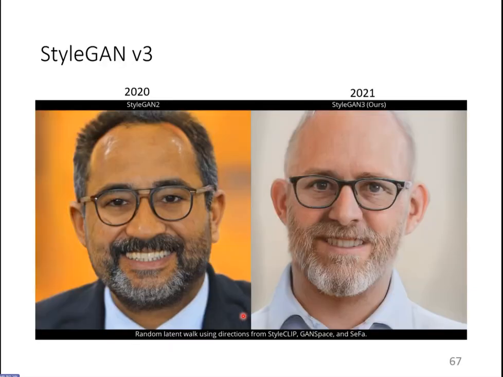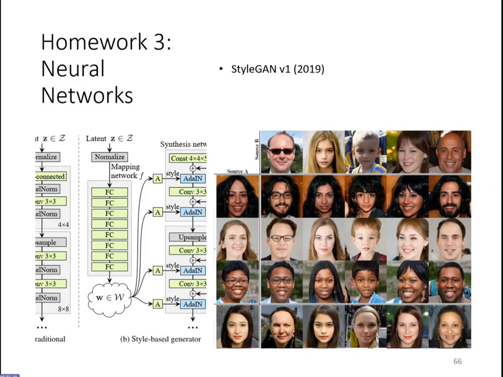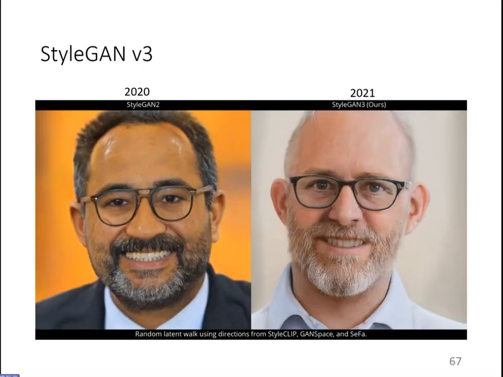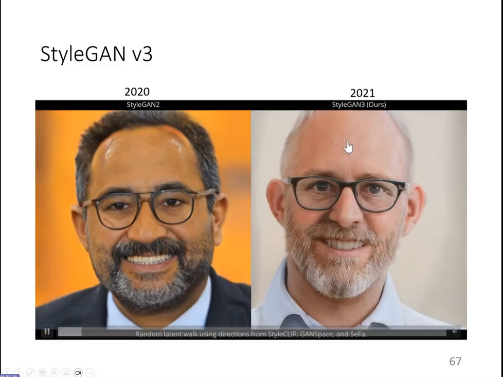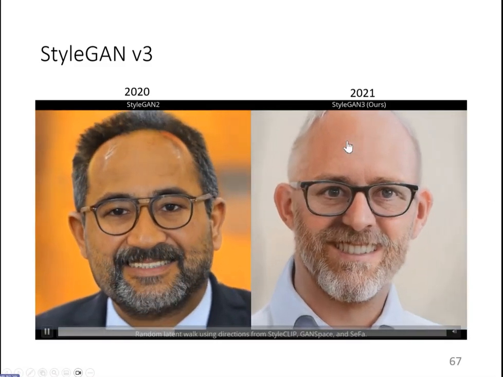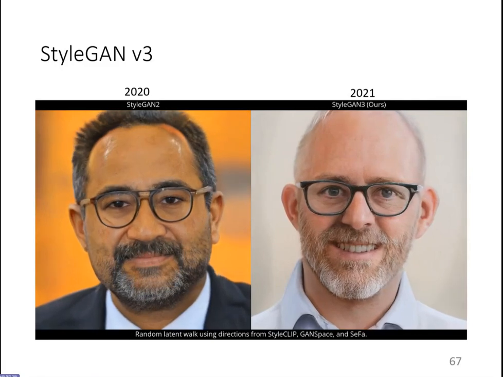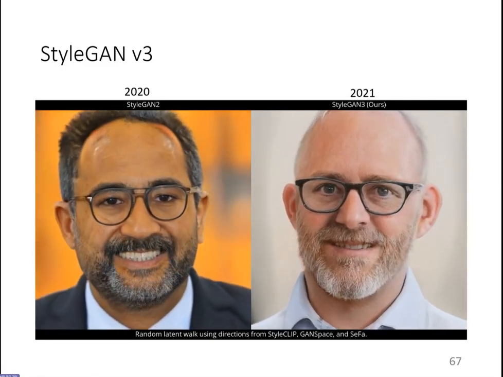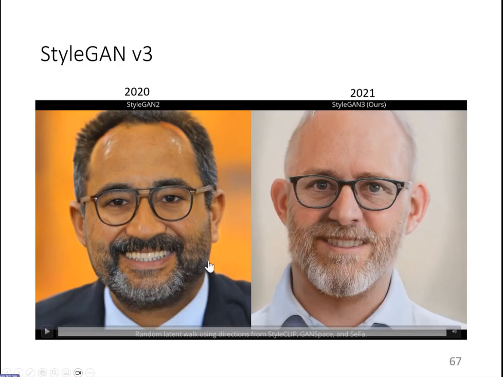And let me show you something interesting. Okay, so this is StyleGAN version 1. And the left side is StyleGAN version 2. And the right-hand side is StyleGAN version 3. All of those codes are available, and there are significant improvements. In version 2, you can find some defects here.